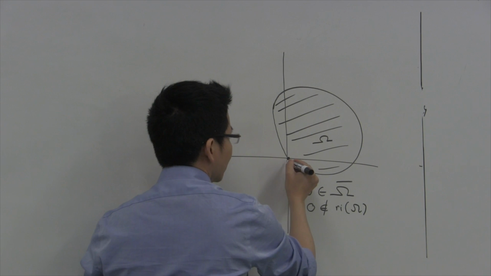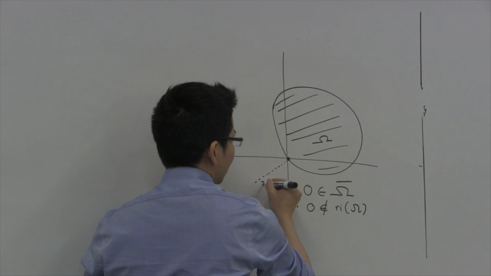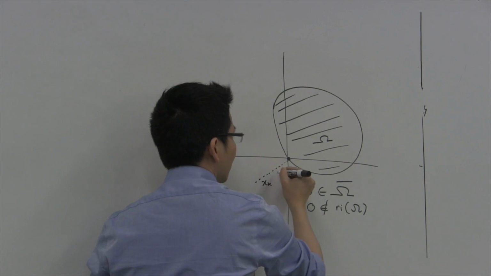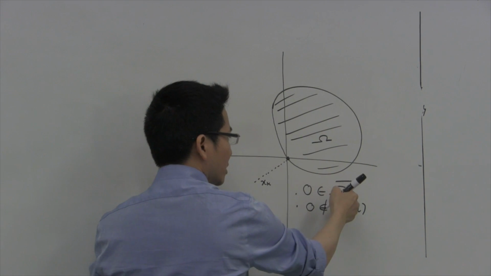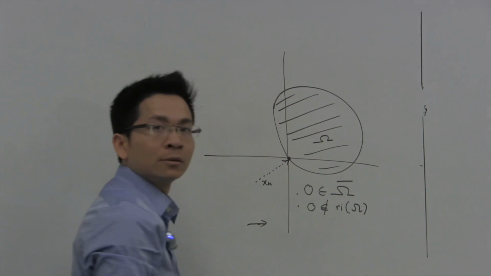we can find a sequence xk that is outside of the closure of omega, and then xk converges to 0.